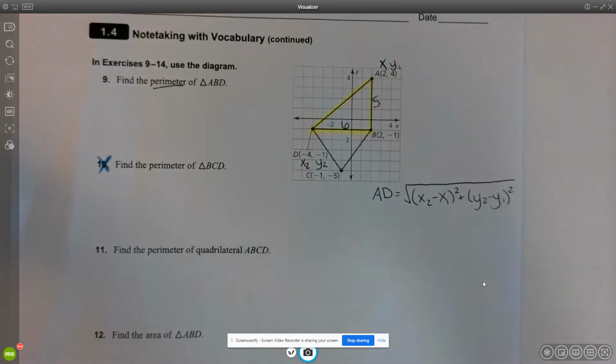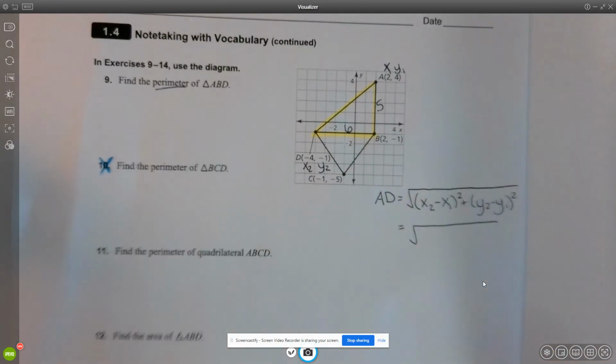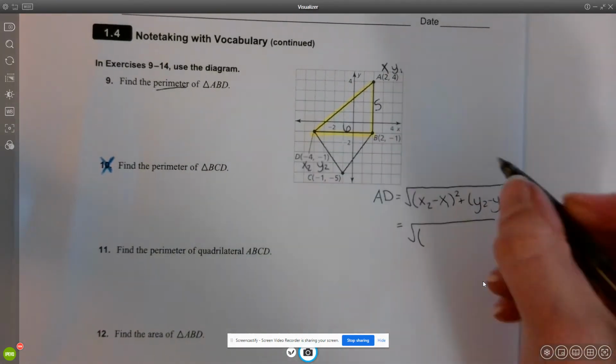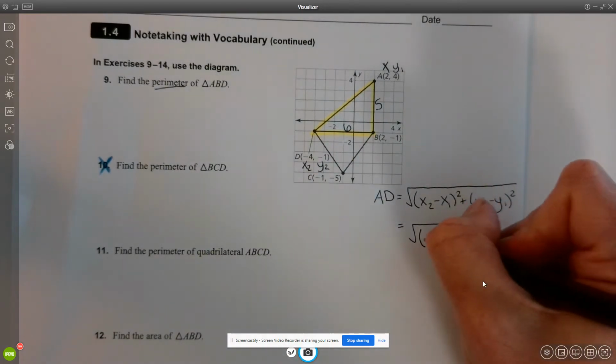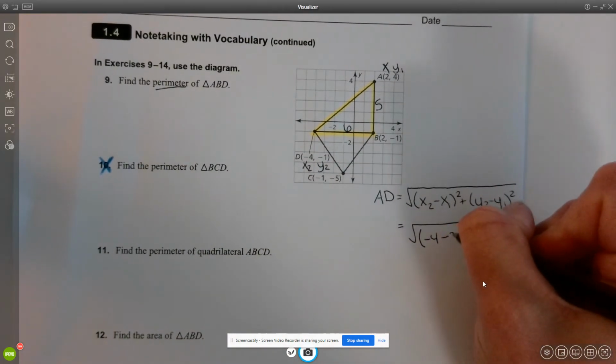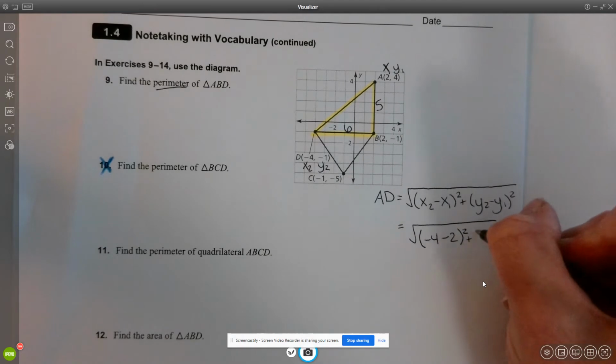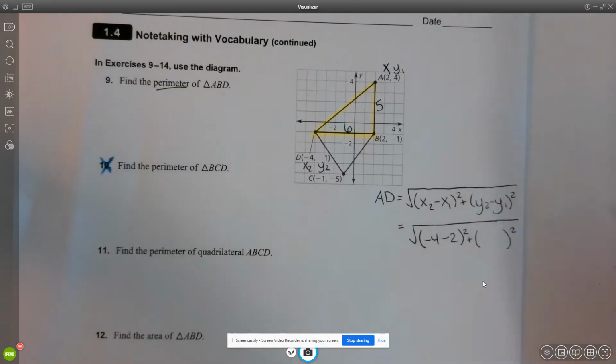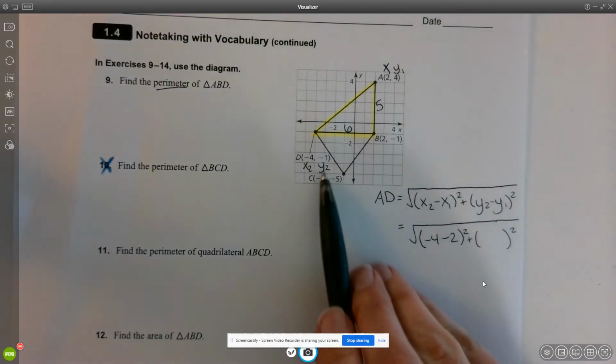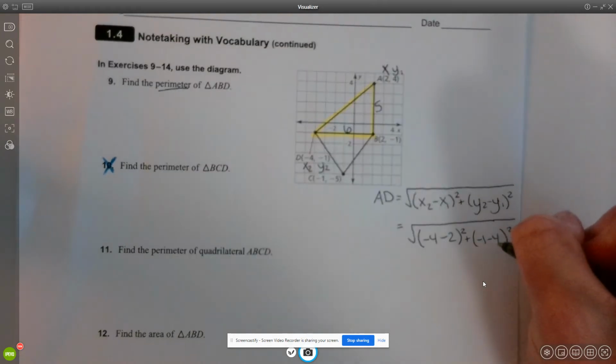You should start getting better at using the distance formula, so I'm going to go a little faster through this. You can always pause it if you need to. So I'm going to plug in my values. x2 minus x1 gives me negative 4 minus 2. And y2 minus y1 gives me negative 1 minus 4.